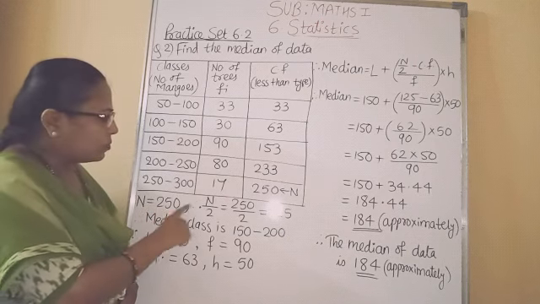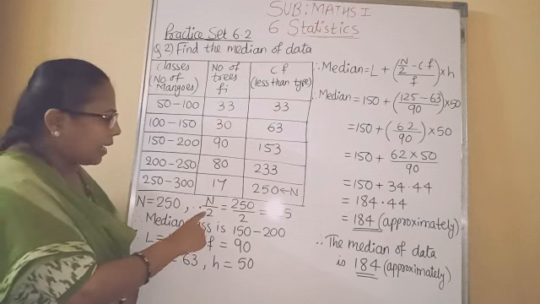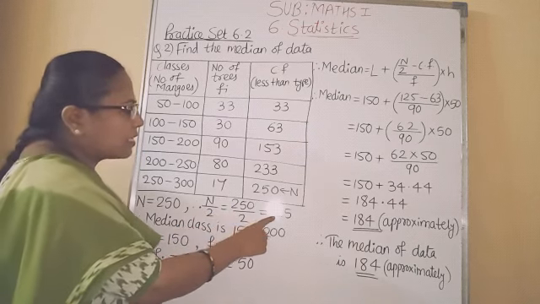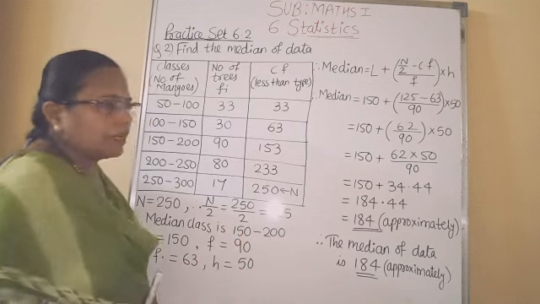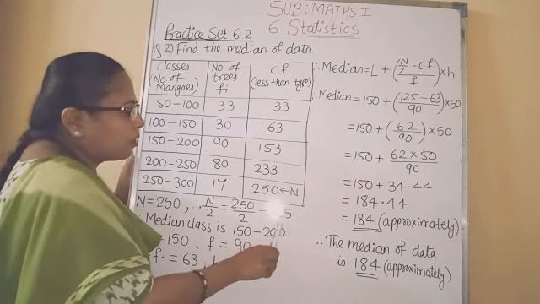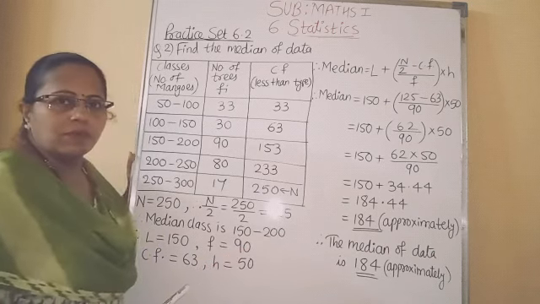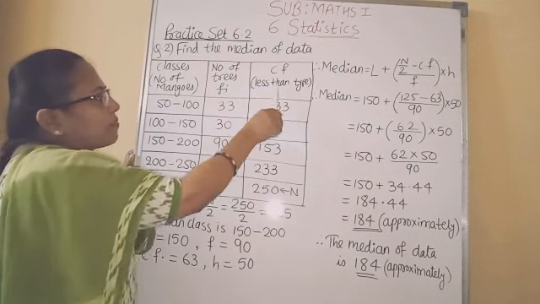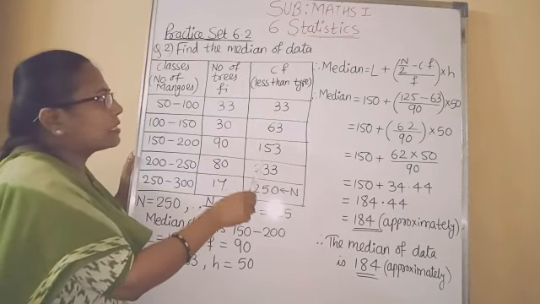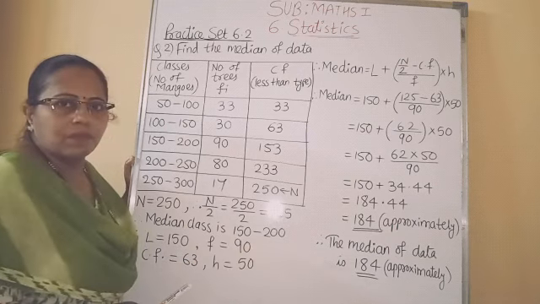After that, what do we have to do? We have to calculate n upon 2. So n upon 2 is equal to 250 divided by 2, which is equal to 125. Now after getting n upon 2, which is 125, we have to observe the CF column. From that column, we have to take the CF which is just greater than 125.